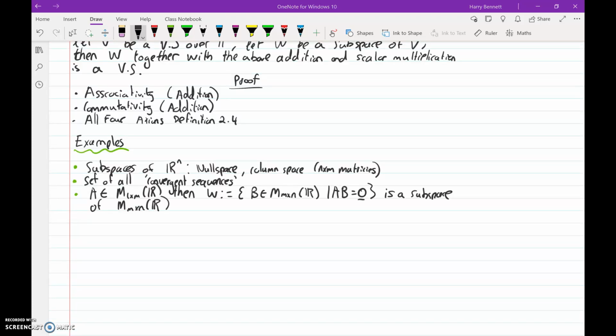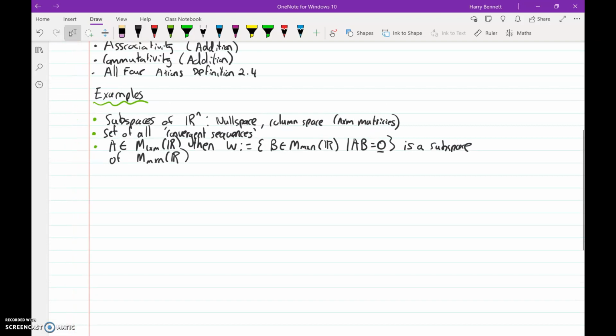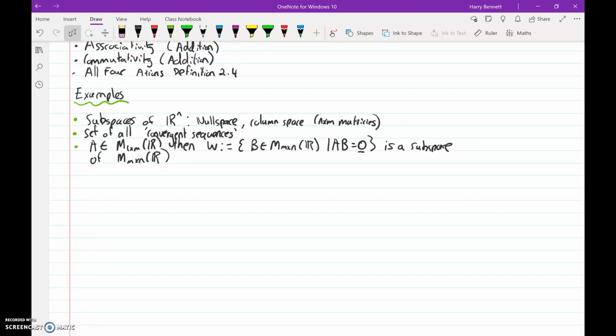Okay, so some examples of subspaces. We have subspaces of Rn. We have the null space, which if you've done linear algebra in the past, you'll know what the null space is. You have the column space, and these are of n by n matrices.